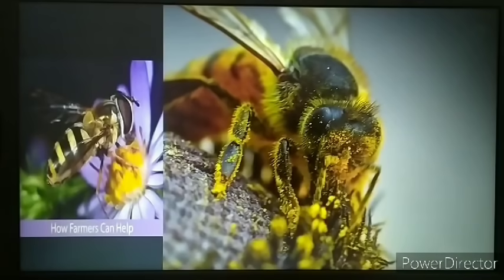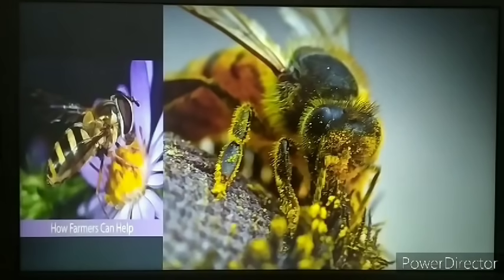Now looking at this module, can you recognize this pollinator? Very good. That's a honeybee. It's a pollinator. And you can see the yellow pollen grains on its legs. Is it visible to everyone? Yes.